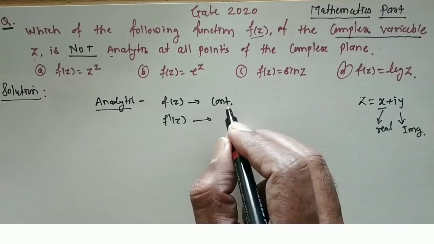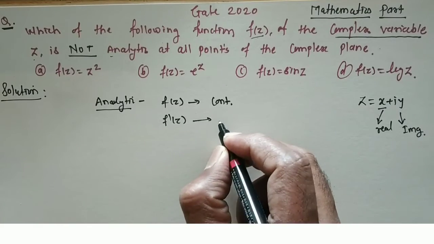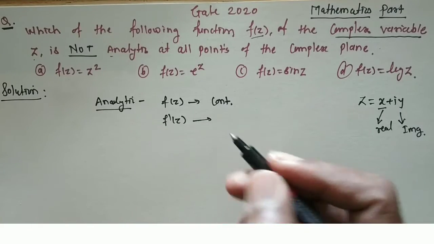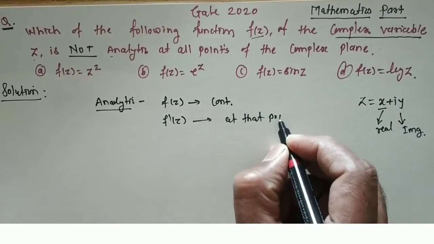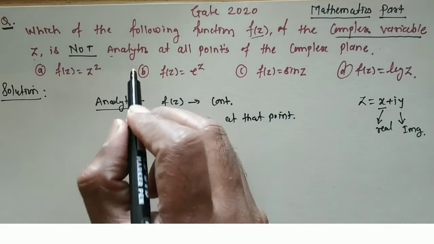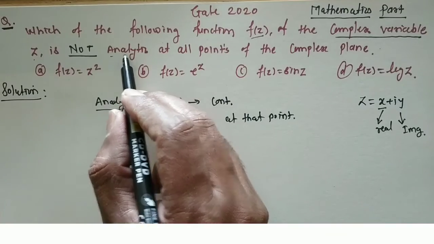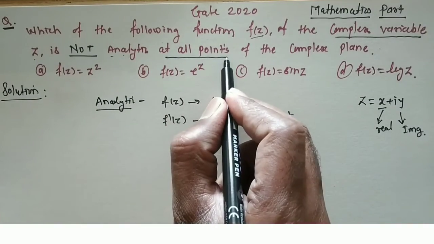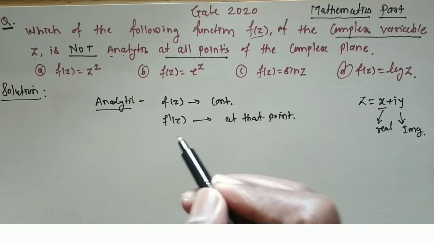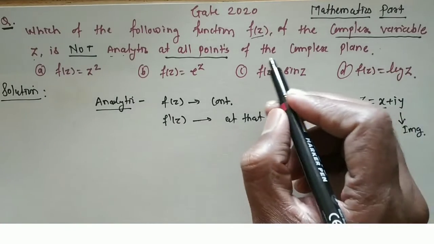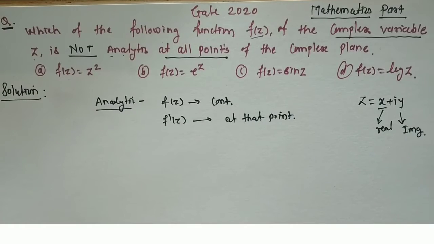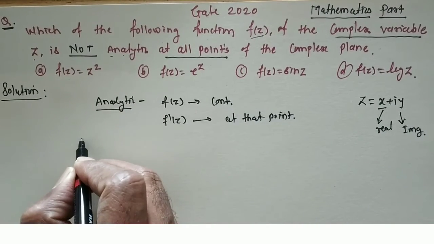So f of z is continuous and the derivative also exists at that point. But here they ask about analytic at all points. So which function is continuous as well as differentiable at all points? This is the question from complex variable. So we will see the first.